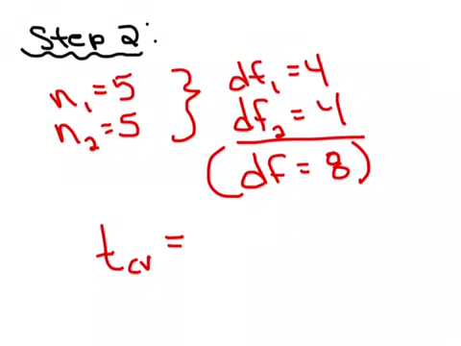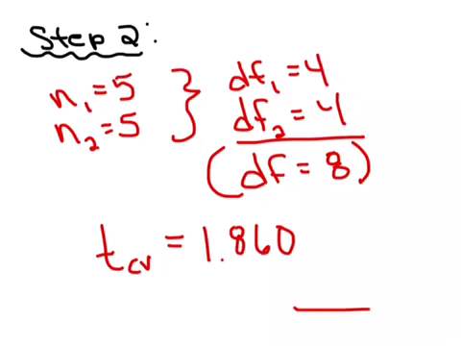And if you'll notice, you get 1.860. That's going to remain positive because we are looking for an increase. So this is one tail very specifically for that t critical value.